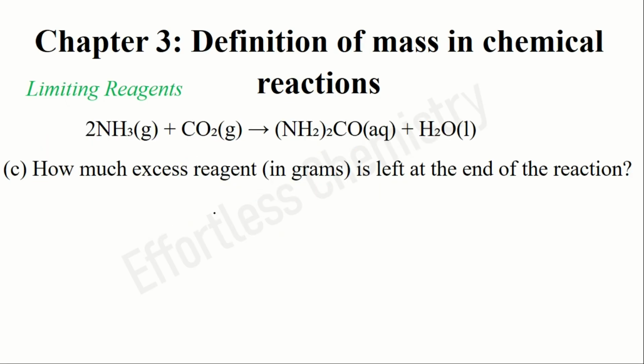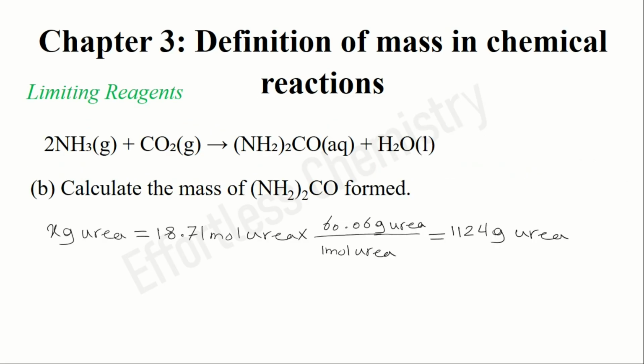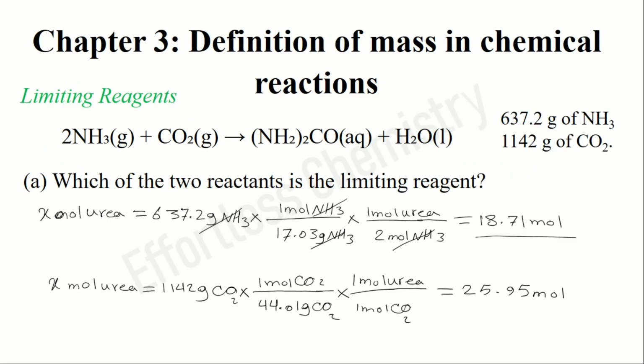Question number C. How much excess reagent in grams is left at the end of the reaction? Well, working backward, we can determine the amount of carbon dioxide that reacted to produce the moles of urea. As you can remember, in question number A, using ammonia as a limiting reagent, we produced 18.71 mole of urea.